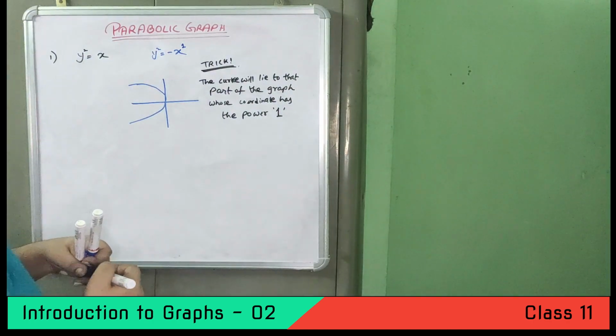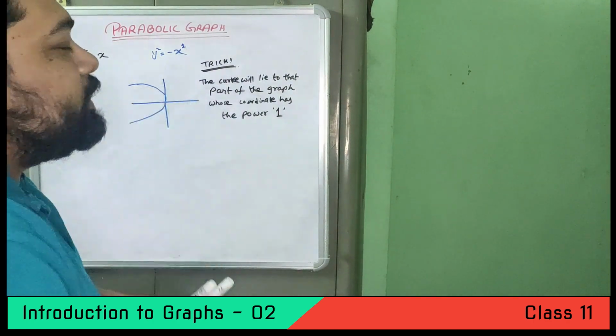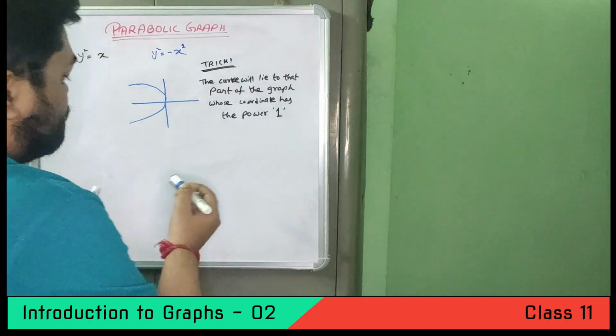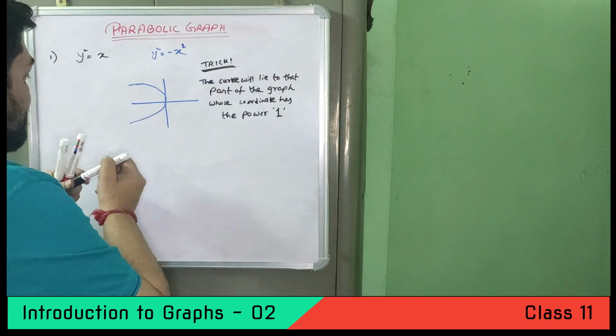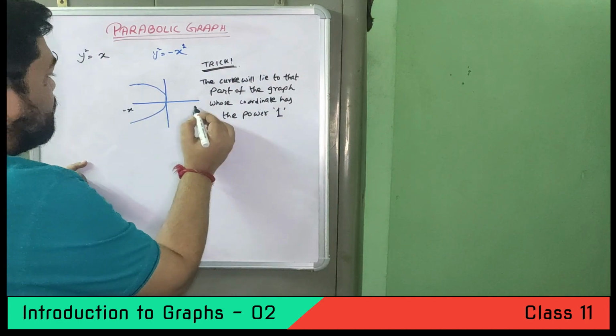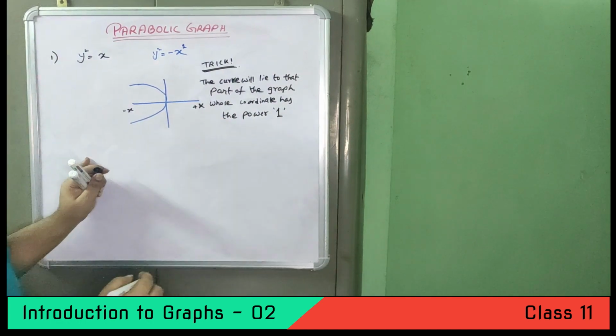Right, here you can see the power of x is 1, right? So that's why the curve is towards the negative x direction. This is the negative portion, this is the positive portion of x.